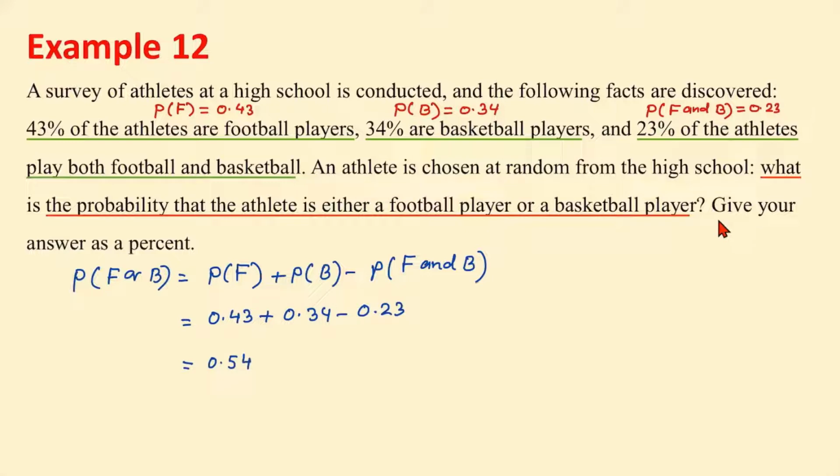But if we look at the last part of the question here, give your answer as a percentage. So if we change this to a percentage, that will be 54%. So 54% of the athletes play either football or basketball. That is example 12.